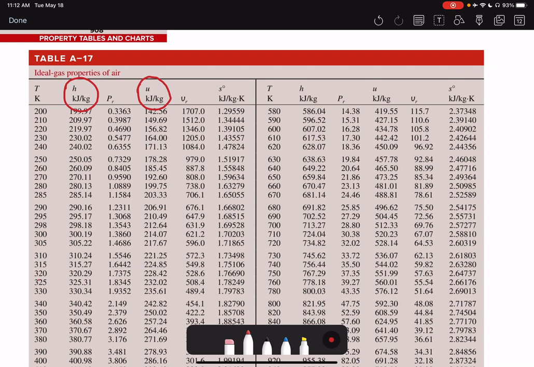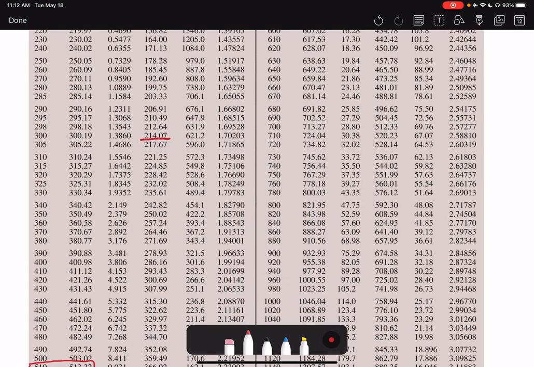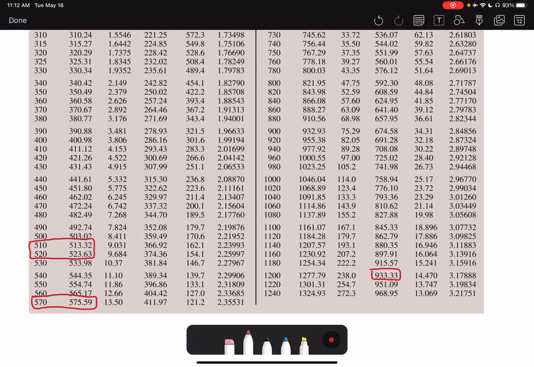So then we can go find our values for U at 300, which is 214.07, and U at 1200, which is 933.33.